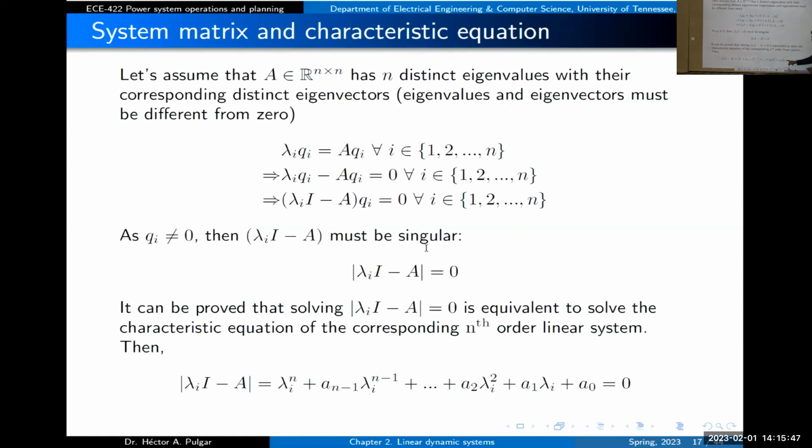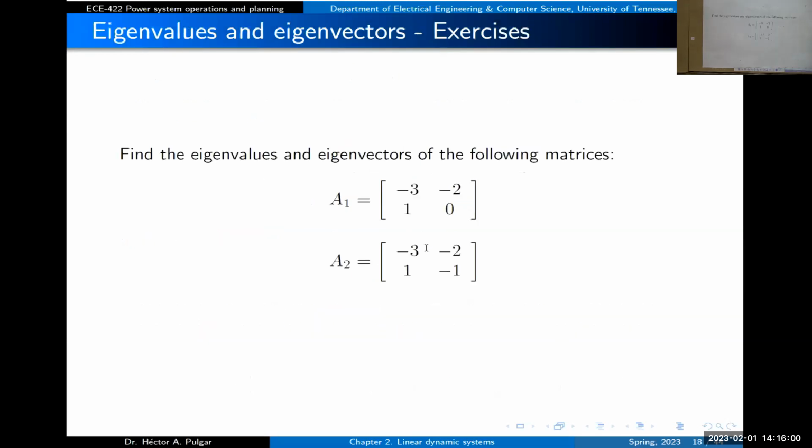And when you solve for that lambda, then what we need to do is replace that value here and find the direction that makes this equal to 0. That's the procedure. And here we have two examples, and let me go back here, and we will work on that.